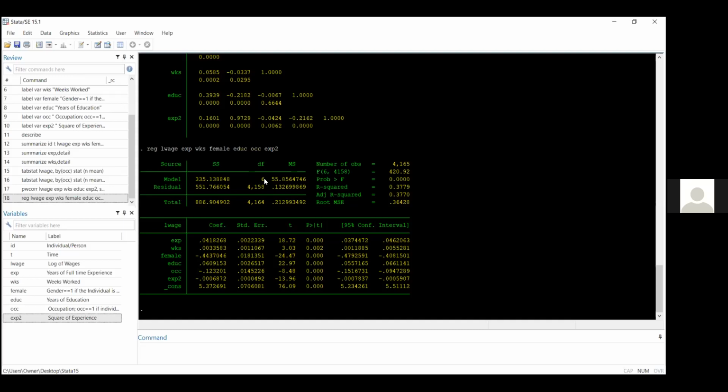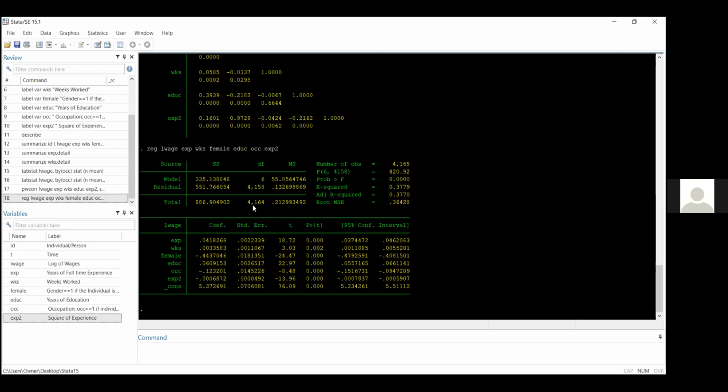So for the residual, it is N minus K, which means the total sample size minus K, the total number of restrictions. The total number of sample observations is 4165 minus K, which is 7. And that's what we have as 4158.